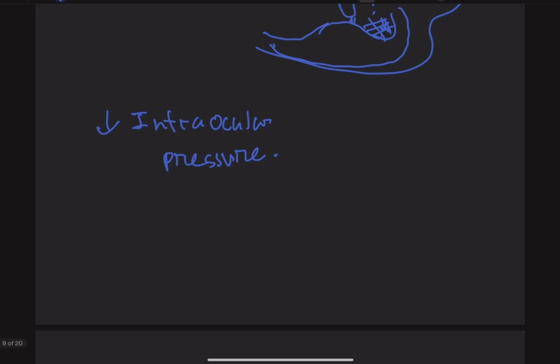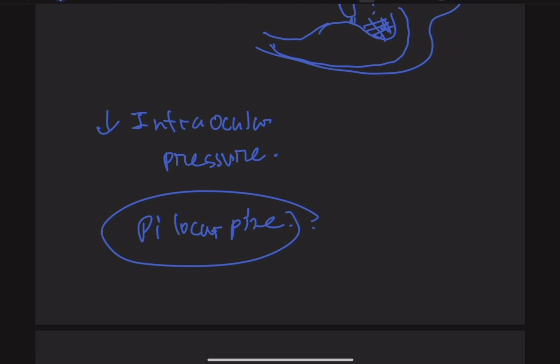And so we use the drug called pilocarpine in glaucoma. We use it in open angle glaucoma. We cannot use it in closed angle glaucoma.